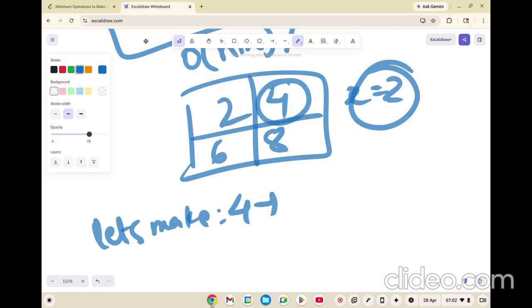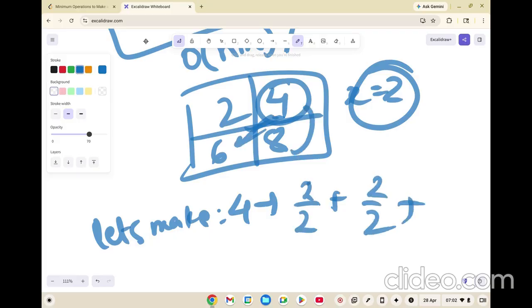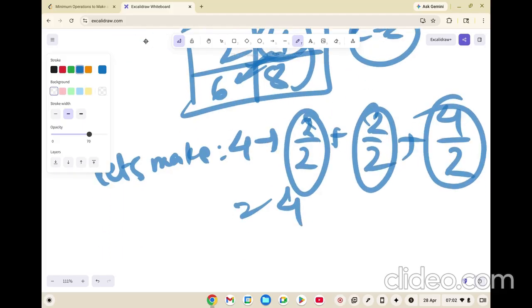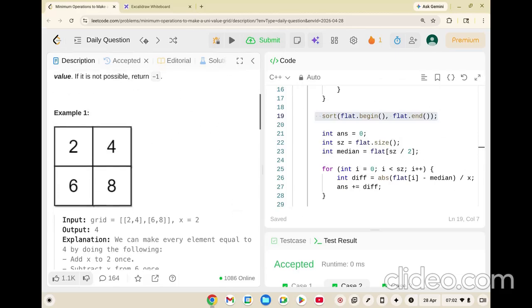Be patient for 2 minutes. If you try to make it 4, the first will cost 2 by 2, since 4 minus 2 is 2. Plus this difference is also 2, so 2 by 2, and this difference is 4, so 4 by 2. This means 1 plus 1, 2 plus 2, 4. So the answer is 4.